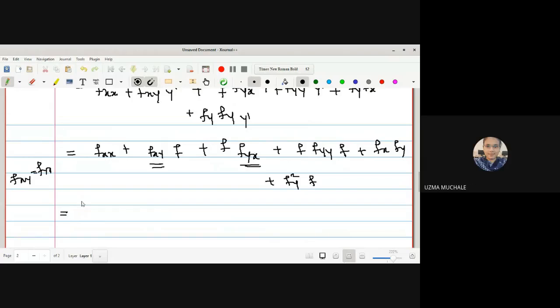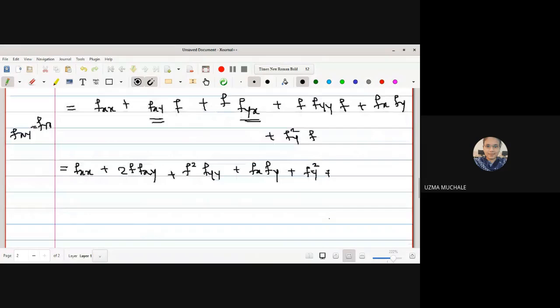We have studied this earlier. So fxx plus 2 times f into fxy, simply I can write this as fxy, plus f square into fyy, that is derivative of f with respect to y, 2 times, plus fx into fy plus fy square into f. Okay, so we have written up to this. This is the third derivative we have found, y triple dash.